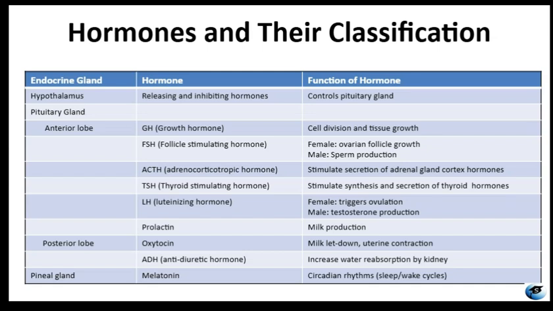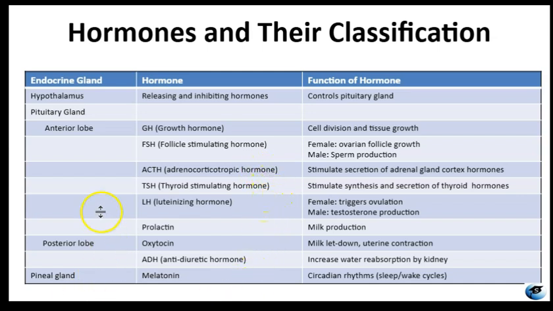So this is a helpful table. This comes from the textbook, and it categorizes the hormones based on where they come from and what their function is. So here's where you're going to see a lot of those abbreviations that we were just talking about. GH is growth hormone, TSH is thyroid stimulating hormone.